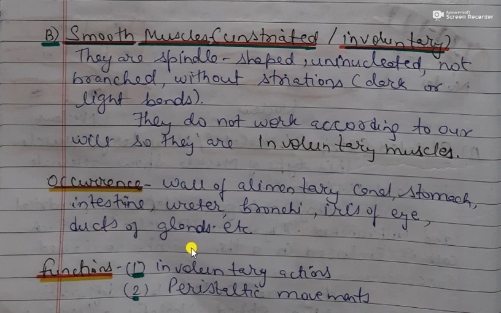Students, we cannot control the movement of food inside our alimentary canal. Why? Because the wall of the alimentary canal is made up of smooth muscle and they do not work according to our will.